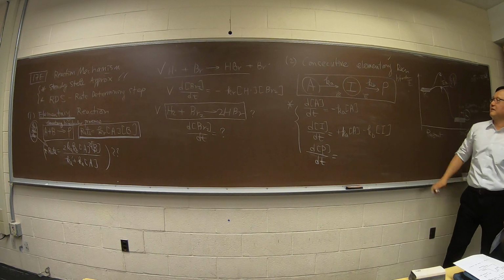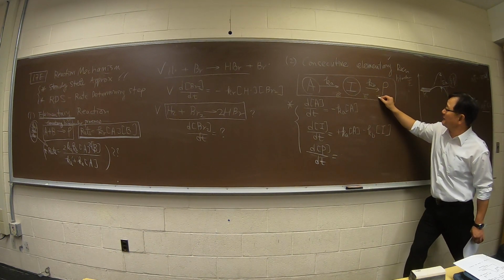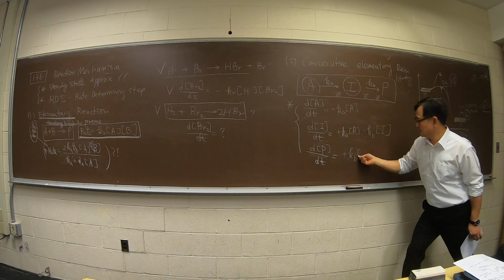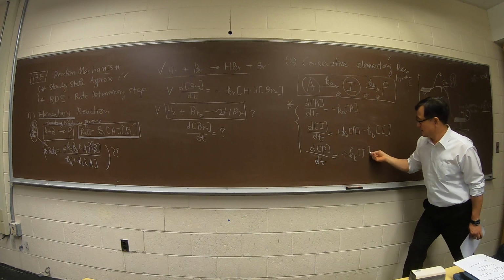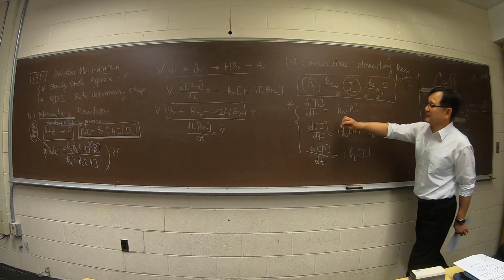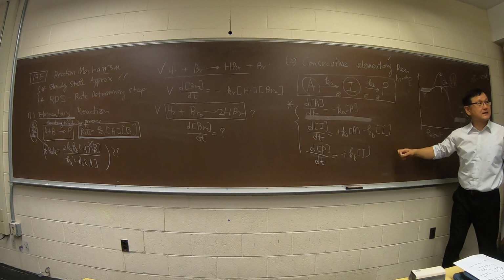Yeah, so that's good. What about product P? I guess it is coming from here, right? So plus Kb times the concentration of I. So what is the easiest one to solve? This one. This one is easy, right? These two are not easy, right?